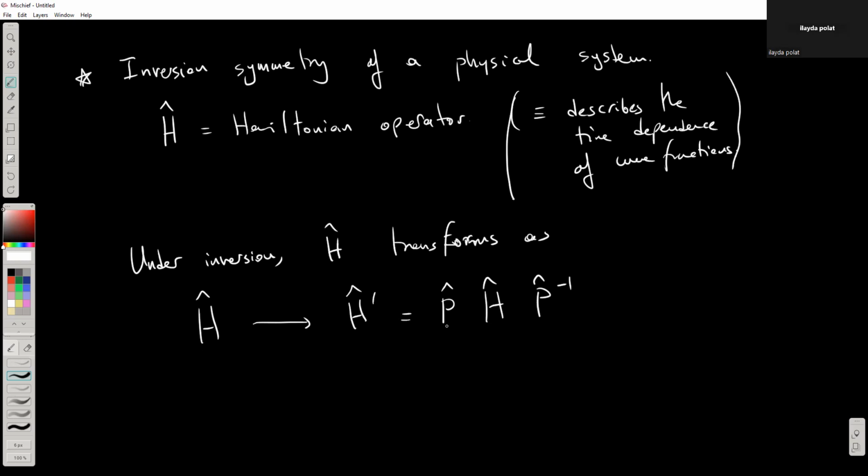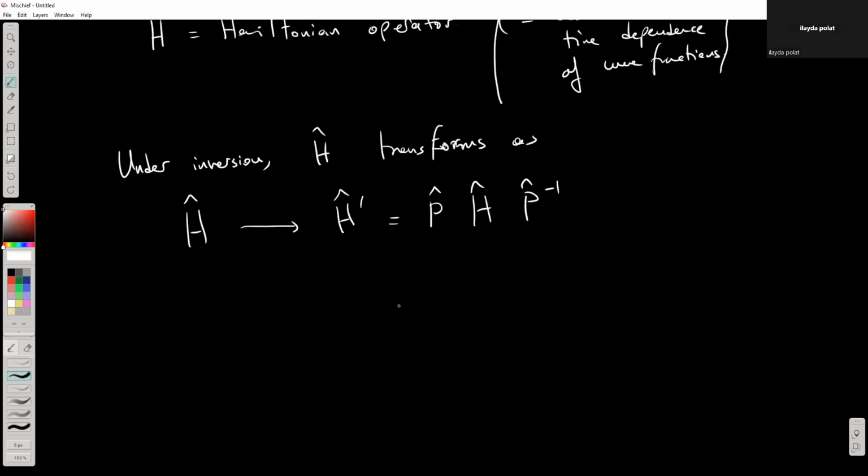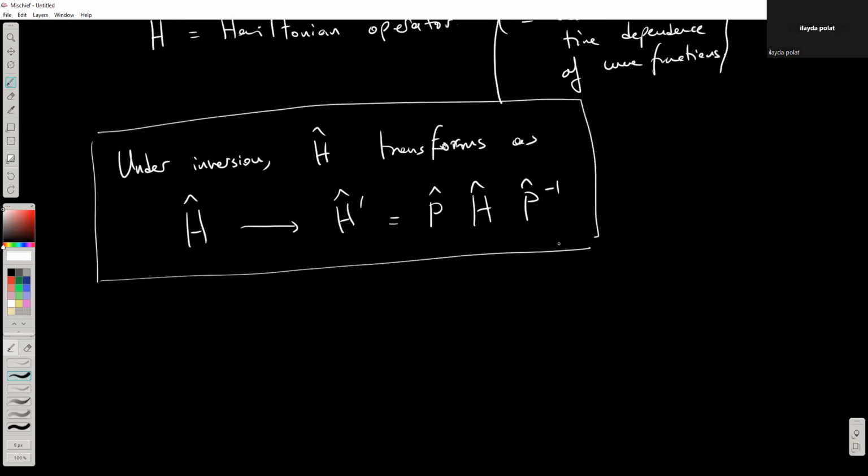Let me not justify this, but let's just accept it for now. Under inversion, any operator transforms like that. That's the definition, let's say.